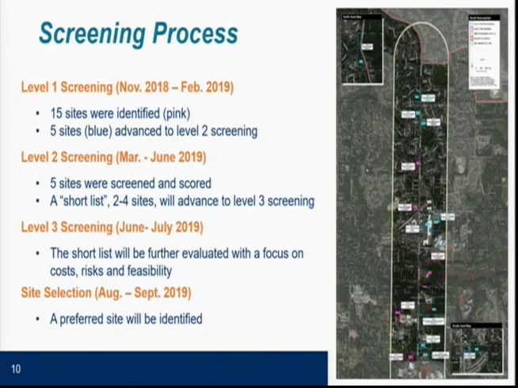So level 3 screening on the 2 to 4 sites, the short list, which we hope to identify in the coming couple weeks, will really focus on cost, not just construction costs, but operations and maintenance, the cost to mitigate environmental impacts, the cost to relocate or mitigate displacements, things like that. And then, of course, schedule, risk, and feasibility of delivering by 2024. And then at the end of the summer, hopefully, we will have our preferred site. That is the goal.